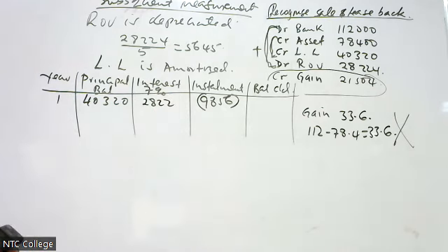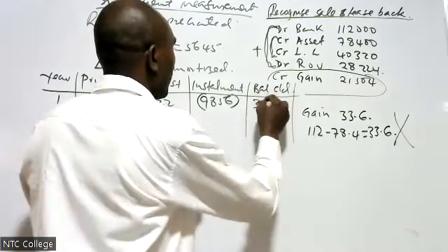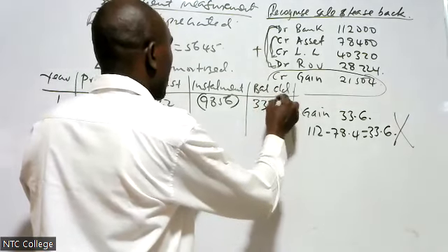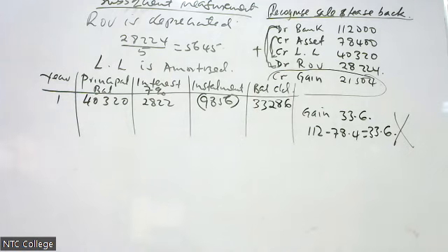That is my interest. I take 40,320 plus the interest, less the installment, and I'm having 33,286.